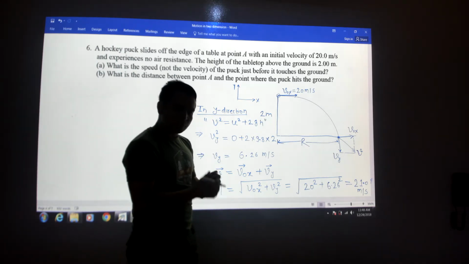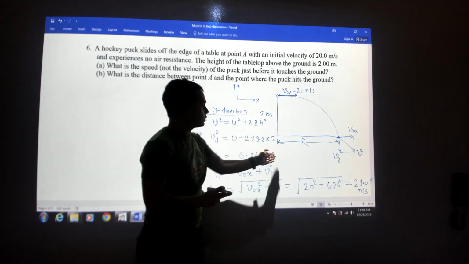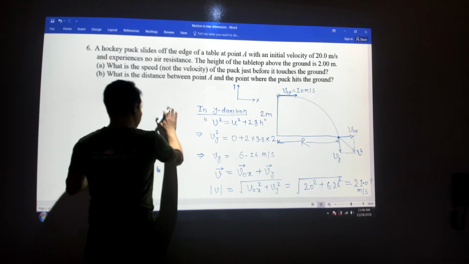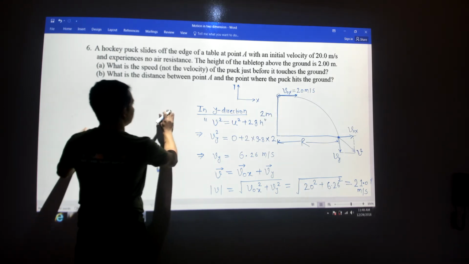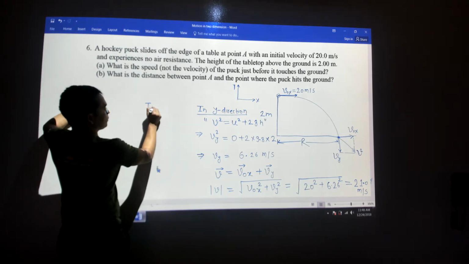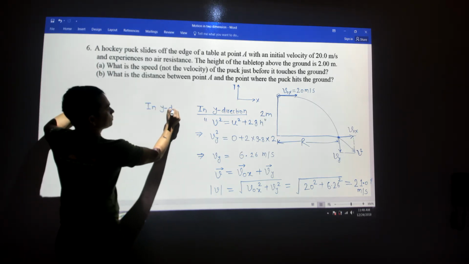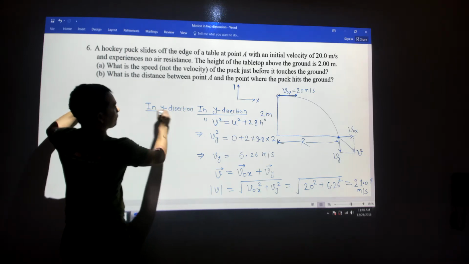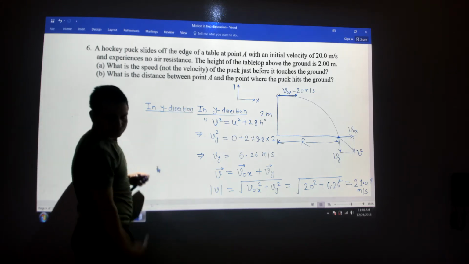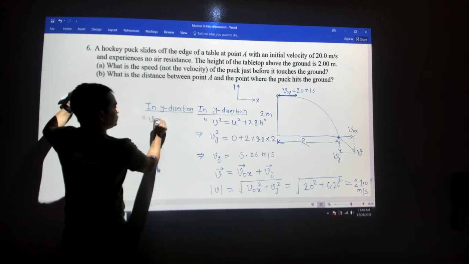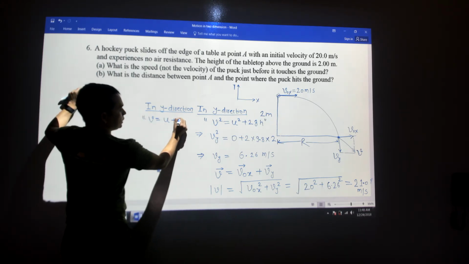The time we can calculate again from the y direction. Again in the y direction, V is equal to U plus g times t.